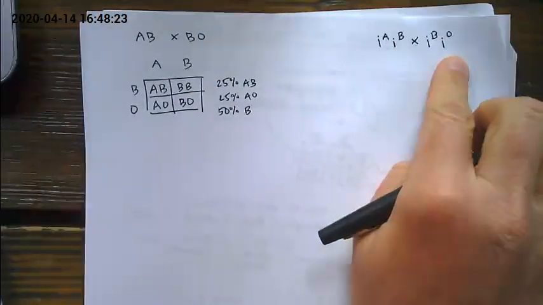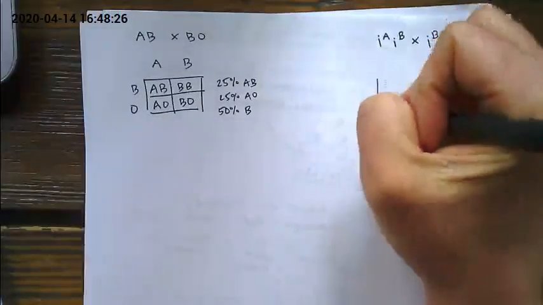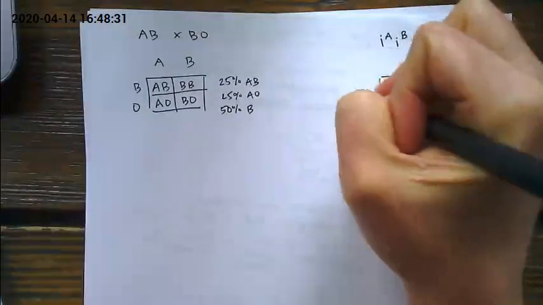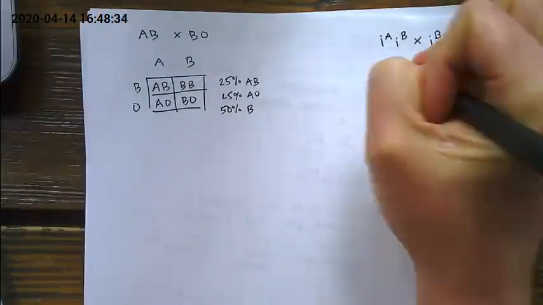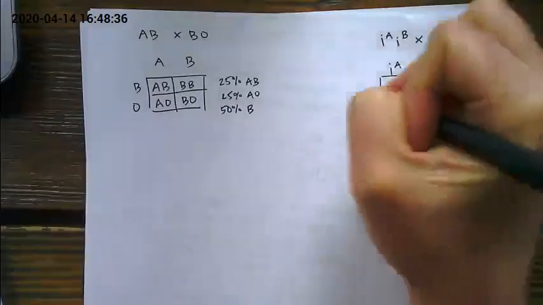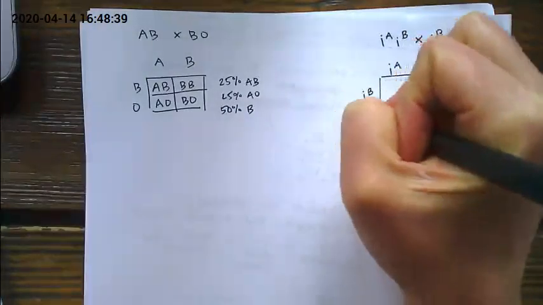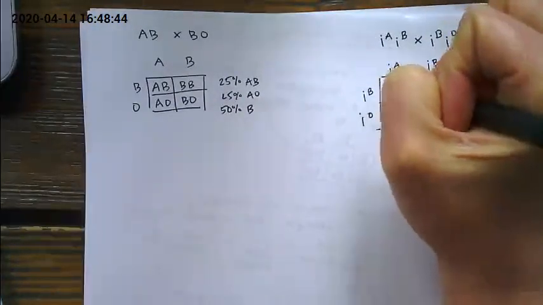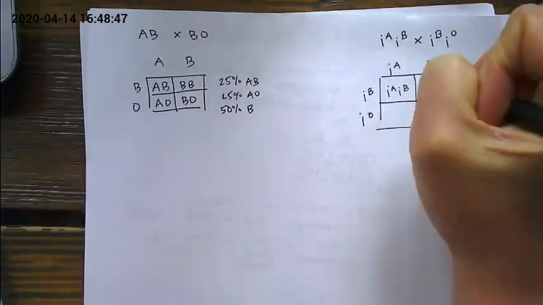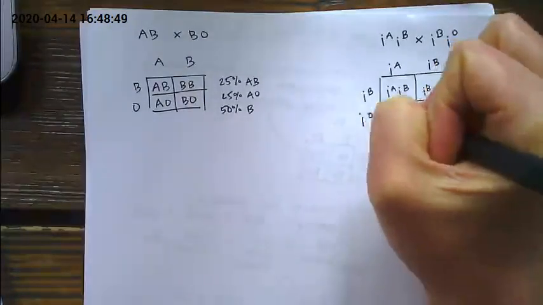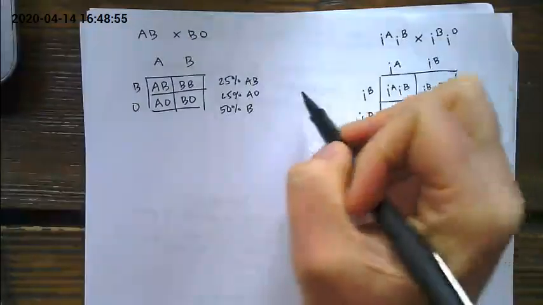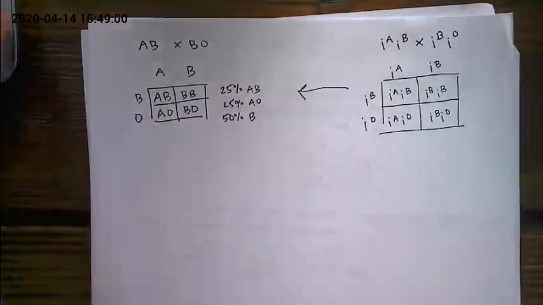So we're crossing AB with a BO. And so we're going to get the same results that we got over here because it's the exact same cross.